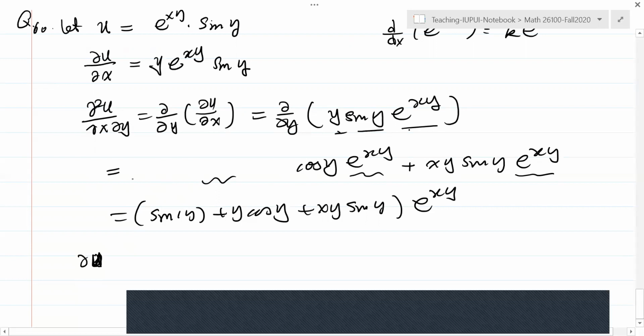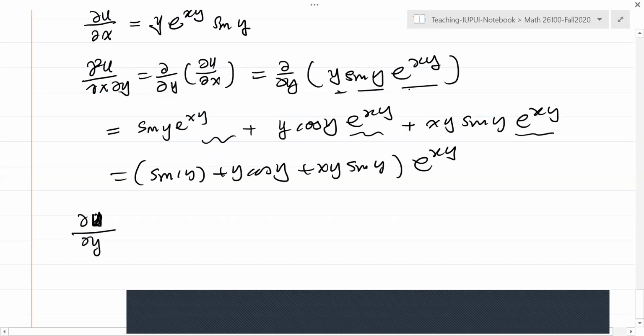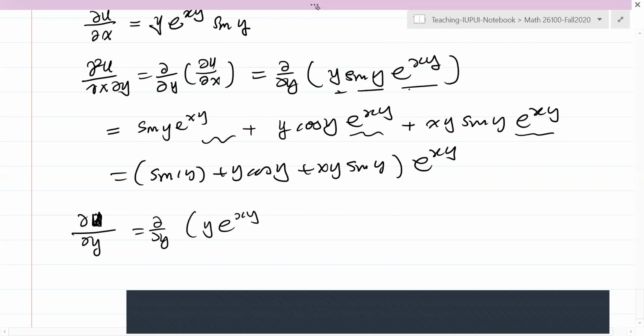Yeah, this is a partial derivative with respect to y. Let me keep this term here. Now it's a partial derivative with respect to y variable. This time we already have 3 terms, right? Let's write y e to the xy. No, that's only 2 variables, there's no y here.